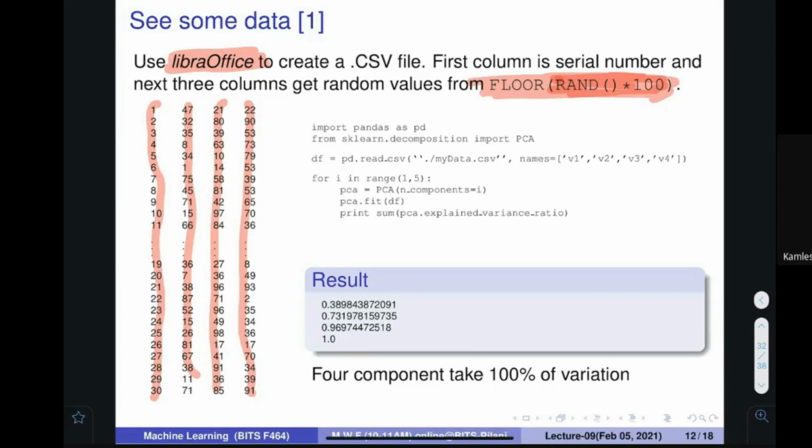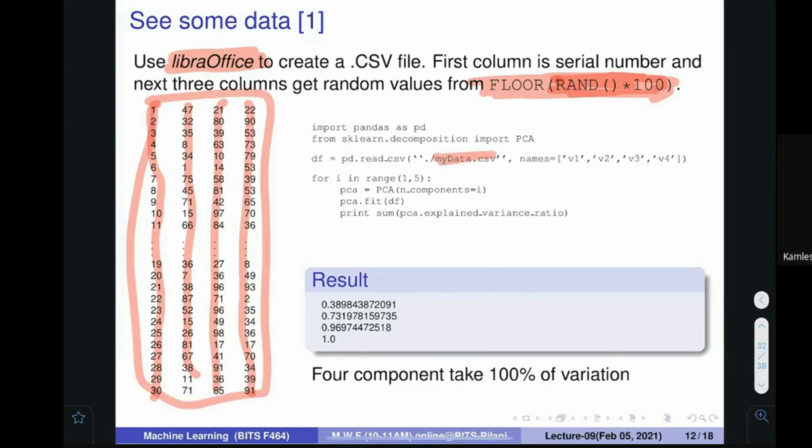I stored it in a file mydata.csv. Then this is the Python program that imports pandas as pd and PCA from scikit-learn. I read this file, and then for columns 1 to 4, because range 5 means 1, 2, 3, 4.